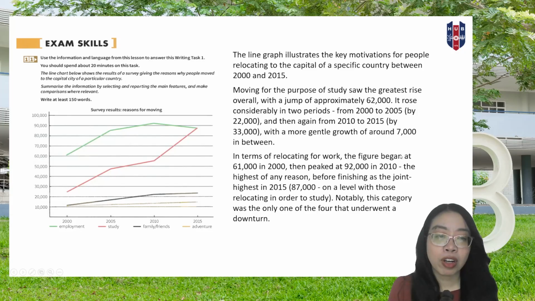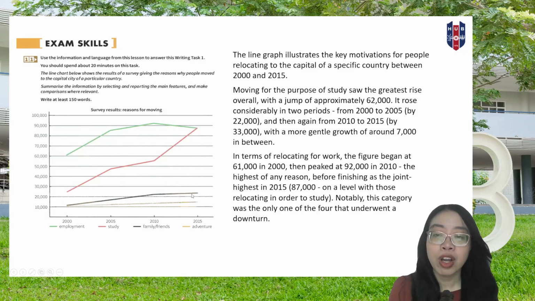The same, they talk about the starting point, began at, and then pick the verb, and then it talks about the joint highest level. Okay, so this is a very good one, very good descriptions with data as well, and comparison, like joint highest, a very good comparison here. If you notice, it not only mentioned the data, but it tried to compare: the only one of the 4 that underwent the downturn.